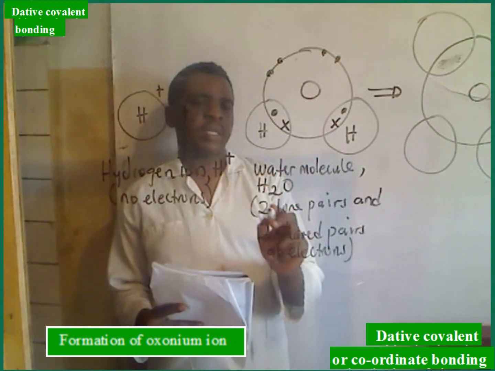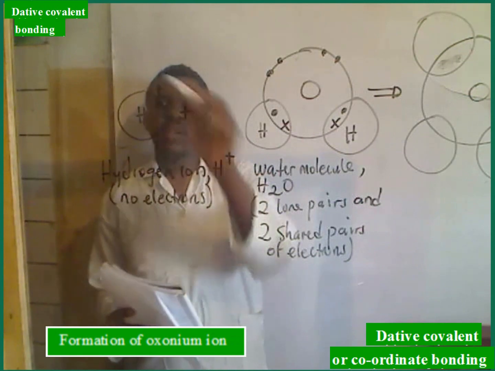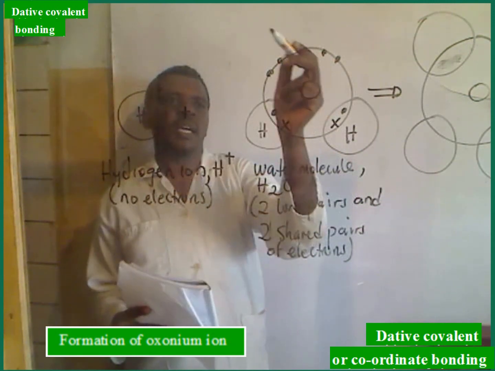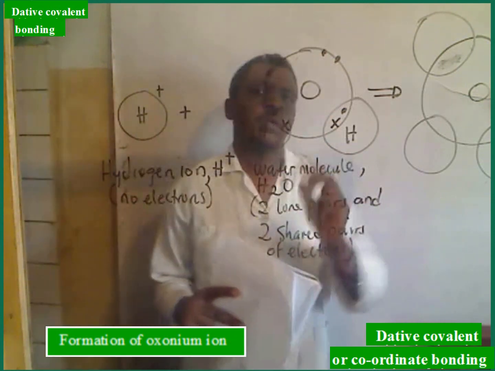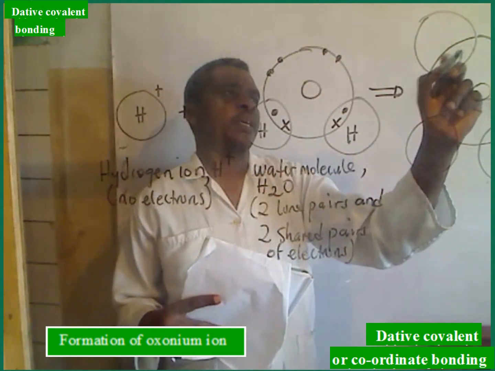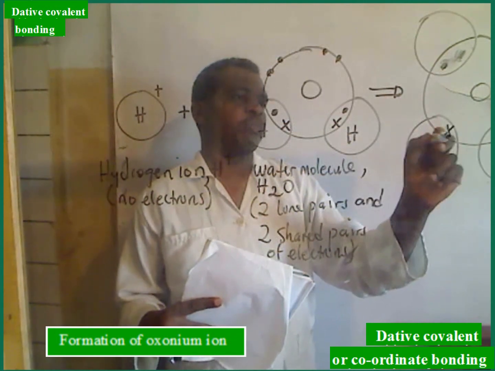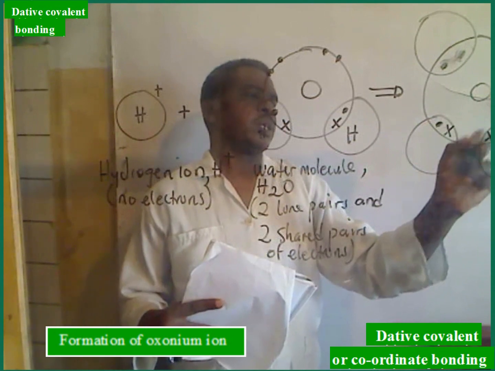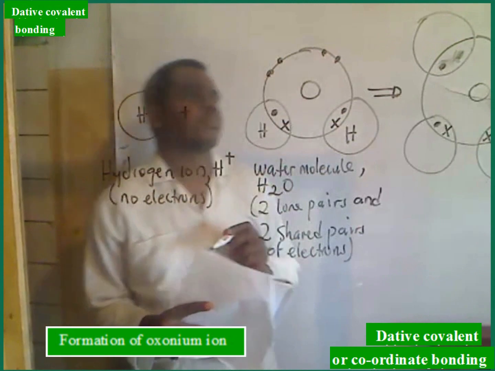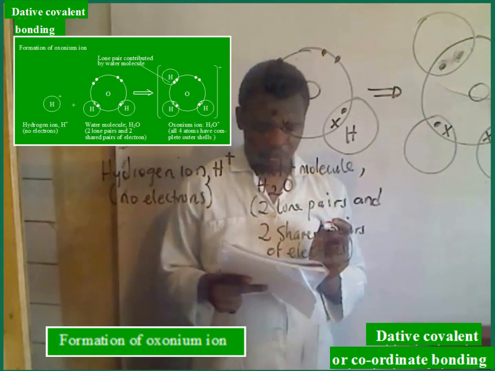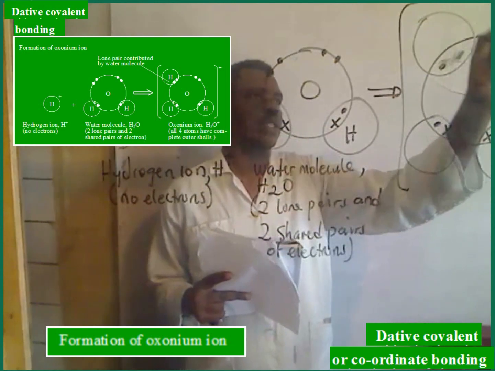The water molecule has 2 lone pairs and 2 shared pairs. Here this hydrogen ion has an empty space and can bond covalently with this lone pair of electrons. So here we have a lone pair donated by oxygen. Here, shared pair, and then another lone pair. So this molecule becomes charged.